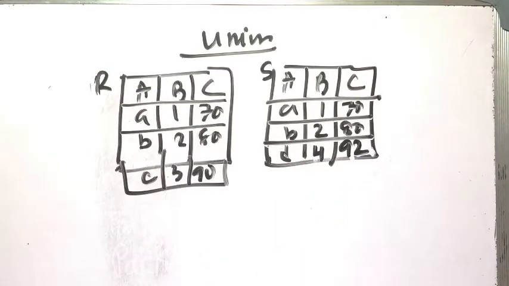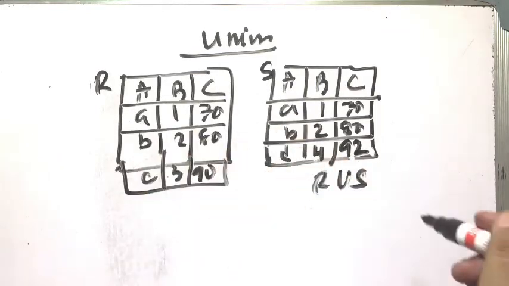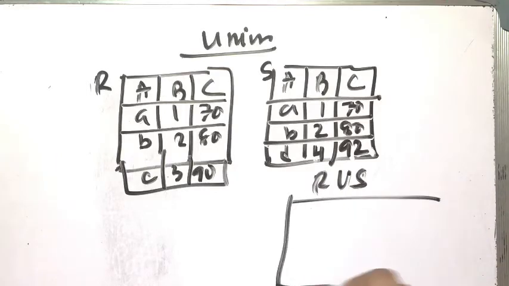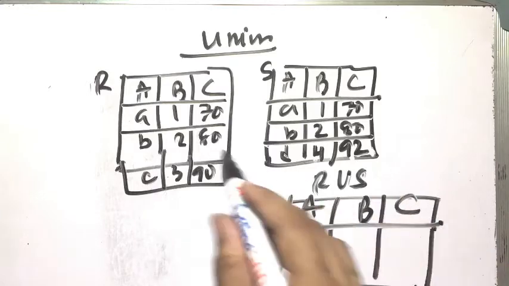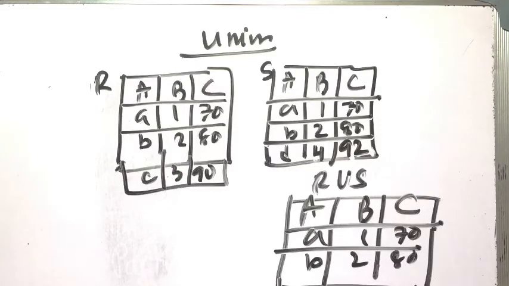When you perform the union operation, R union S, it will display the common fields as well as the uncommon fields, A, B, C. A 170 is in both tuples, B 280 in both tuples, and there are C 390 and D 492. So it will display either this table or that table, or both.